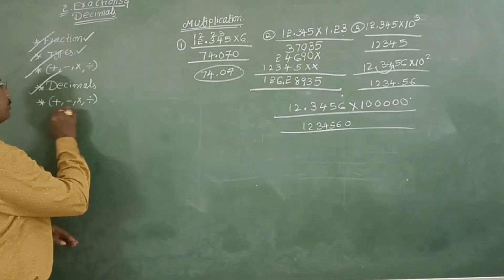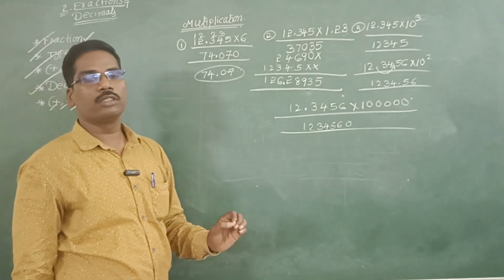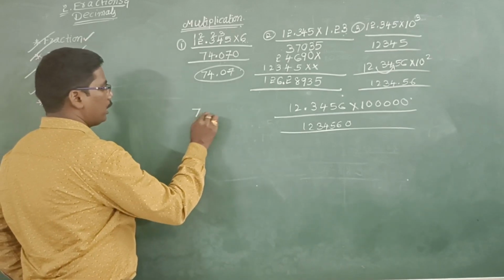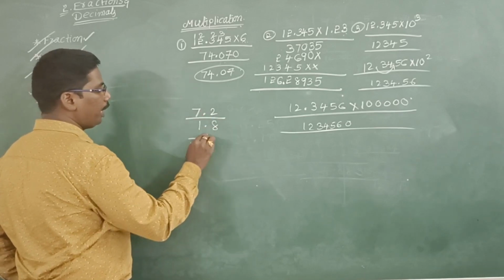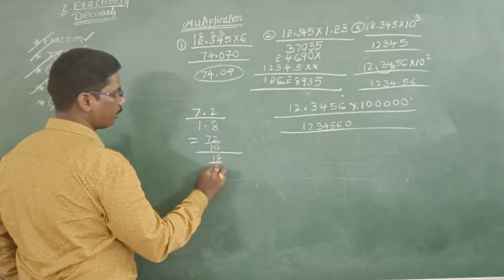Next, division. Division of decimals is done in the normal process. Let us see here: 7.2 by 1.8. Now this can be written as 72 by 10, and this can be written as 18 by 10.